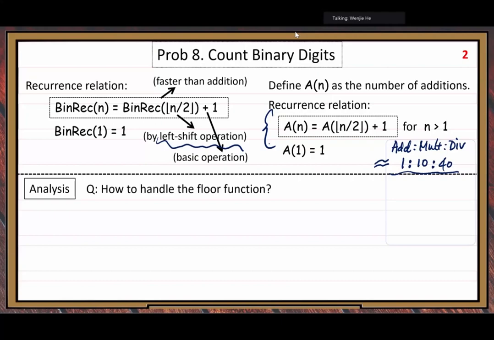But because this recurrence relation is relatively simple, we want to solve it mathematically. If we can, we have a formula for the final result, and applying the formula is even faster than recursion. That's the fastest possible way to get the final answer.